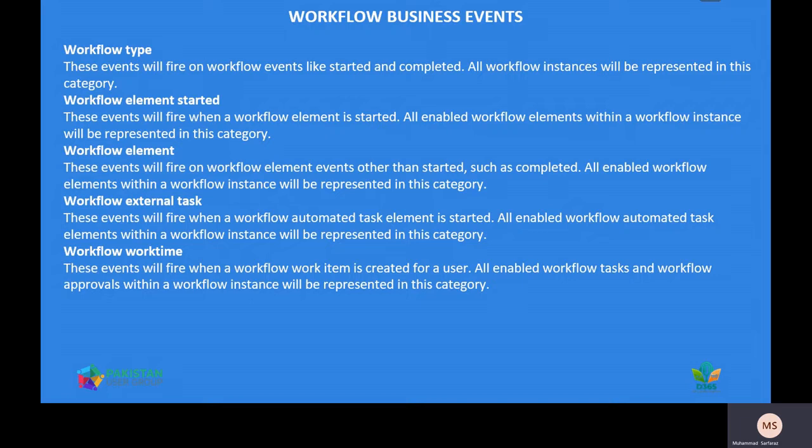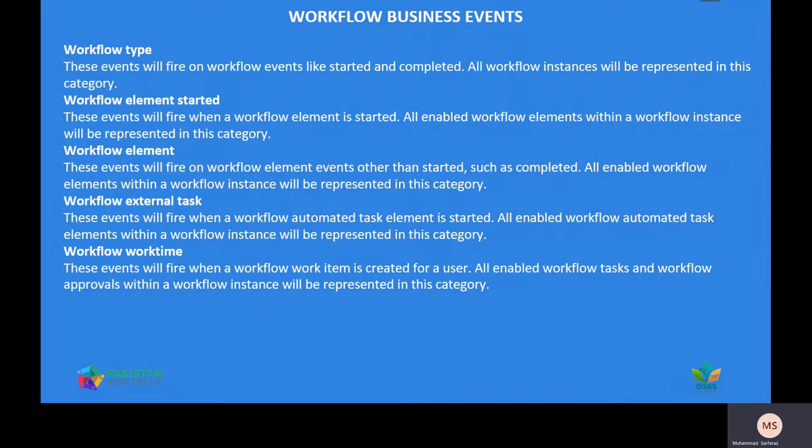For example, when you create a workflow and a workflow is started, you have the capability to raise a business event that a workflow got started. Similarly, when a workflow gets completed, you can raise an event that the workflow is completed. So this is called a workflow type event. Similarly, you can raise an event when an individual element is started.